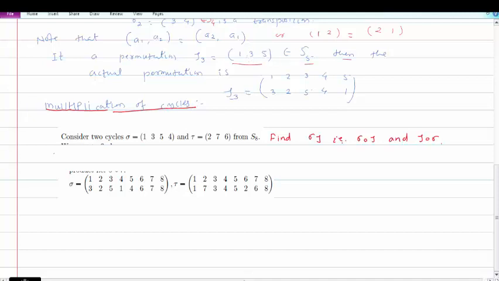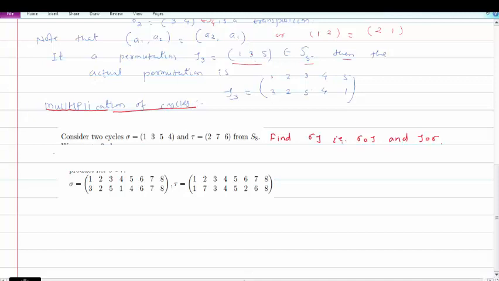But this cycle belongs to S5, so we have to take 1, 2, 3, 4, 5. See here, 1 goes to 3, so we have written 1 goes to 3.